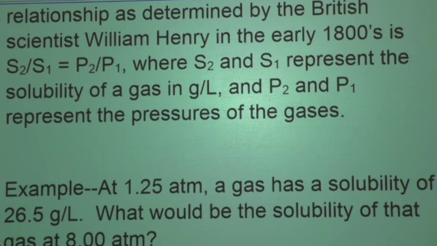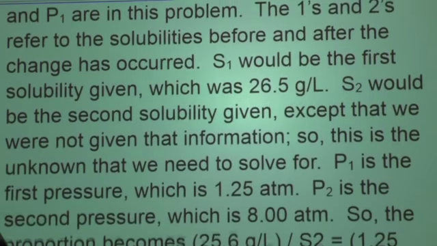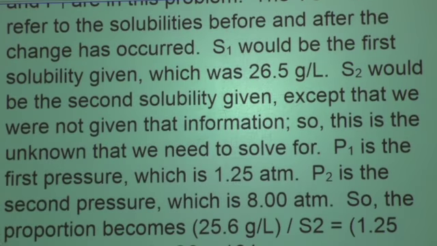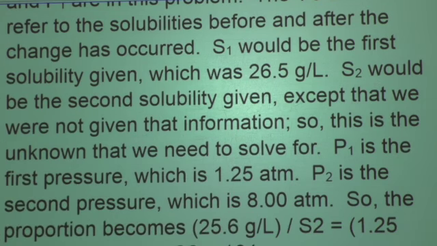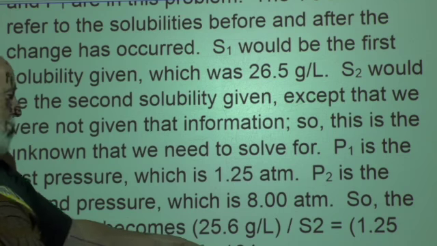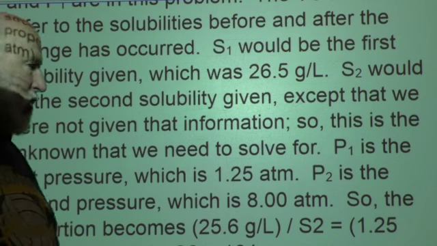And the unknown then is going to be S2. And then we just solve the algebraic problem. Okay, so when you go through all that, you're going to get 26.5 grams per liter over S2 equals 1.25 atmospheres over 8 atmospheres, and S2 then is going to equal 164 grams per liter when rounded off to 3 significant figures.